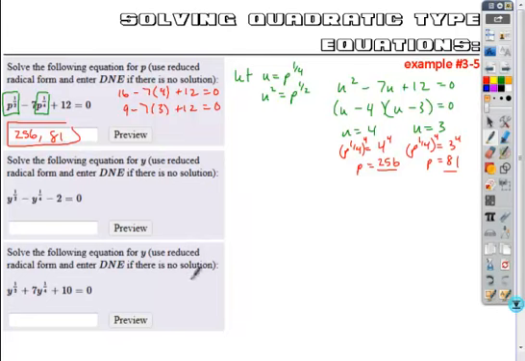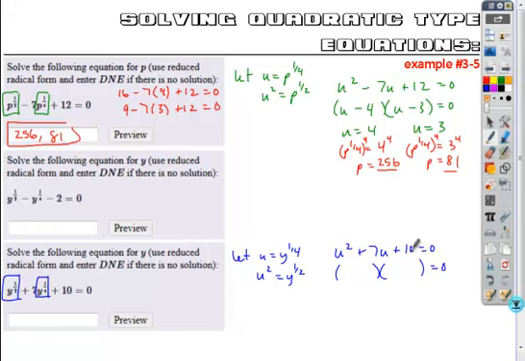If we do the same process here on this last equation, we have quadratic type. y to the 1/2 is double y to the 1/4. So we can let u equal the lesser one, y to the 1/4, meaning u squared will be y to the 1/2, giving us the new equation rewritten with u's as u squared plus 7u plus 10 equals 0.